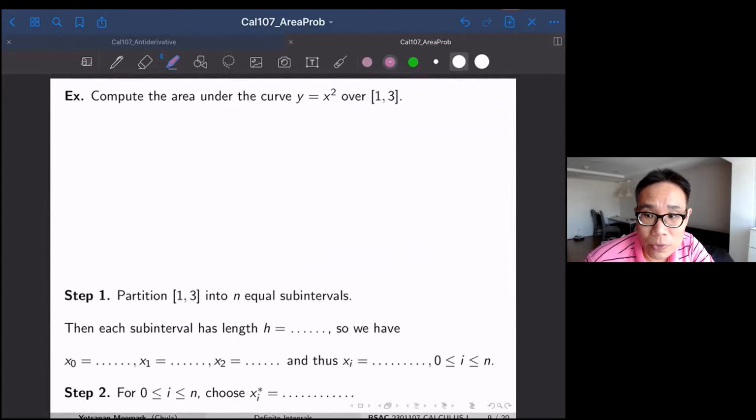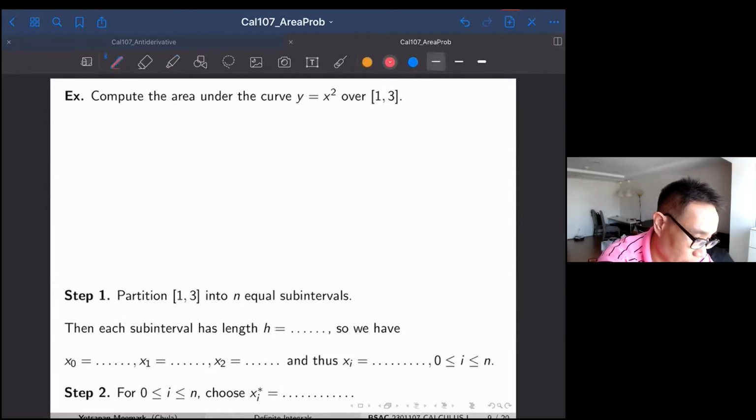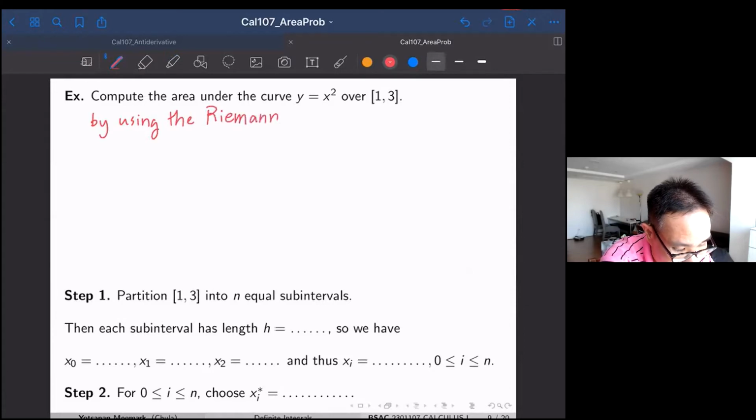We're going to compute the area under the curve y equals x squared over the interval [1, 3]. Here I'm going to use the Riemann sum. Let me draw this picture.